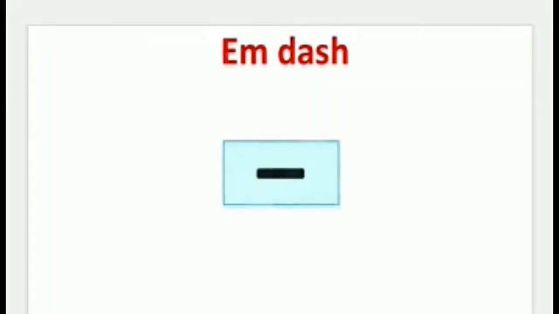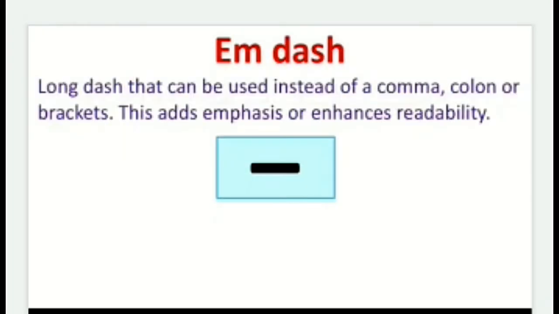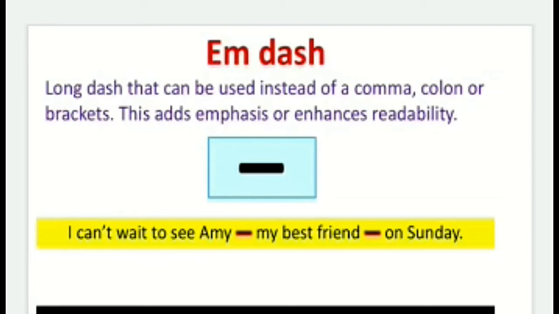And the em dash is a long dash that can be used instead of a comma, colon, or brackets. This adds emphasis or enhances readability. For example, "I can't wait to see Amy—my best friend—on Sunday."